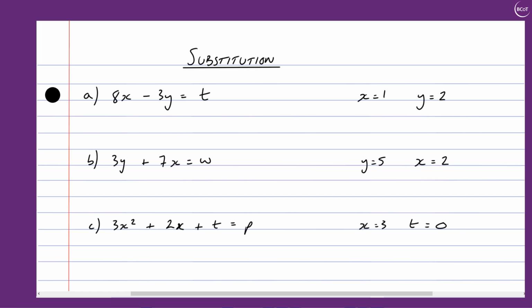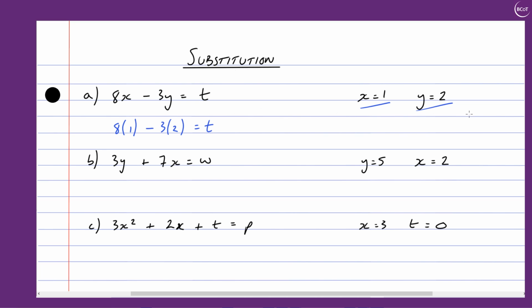We'll look at question A, 8x minus 3y equals t, but it's telling us that here x is equal to 1 and y is equal to 2. So whenever you see an x, you stick a 1 in. Whenever you see y, then y is worth 2. So let's plug those numbers in. 8 times 1, you can use a bracket to show times, minus 3 times 2 equals t.